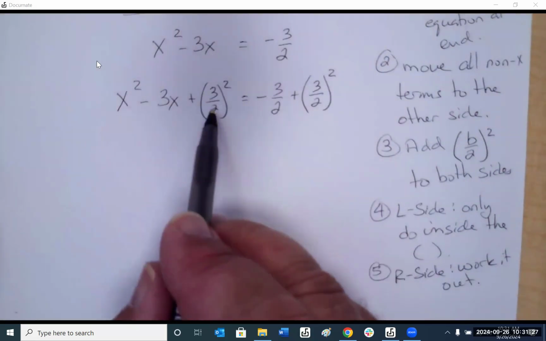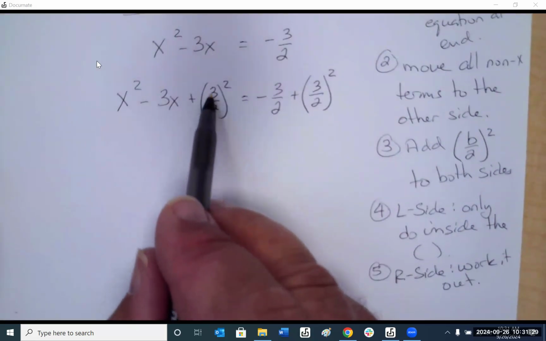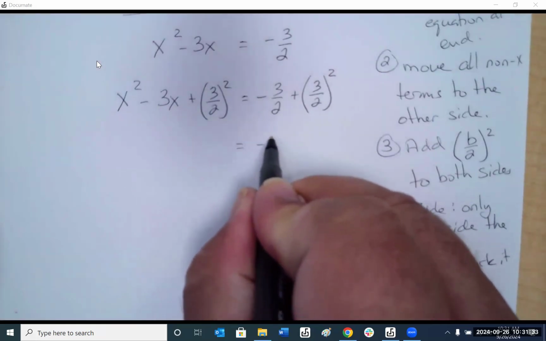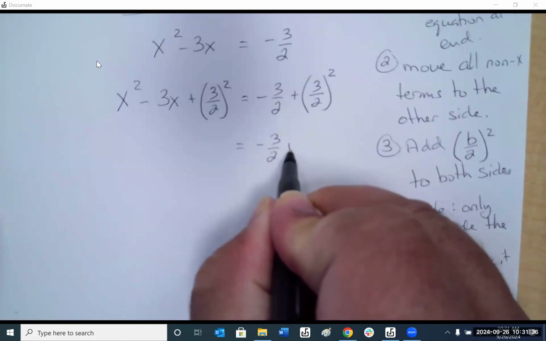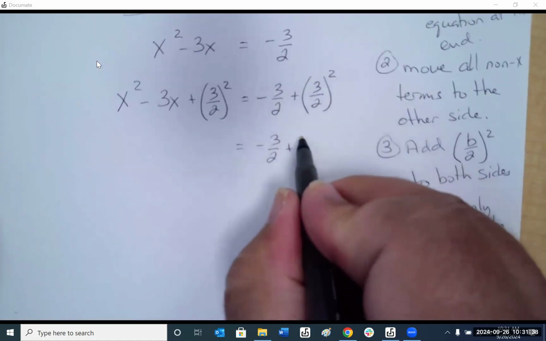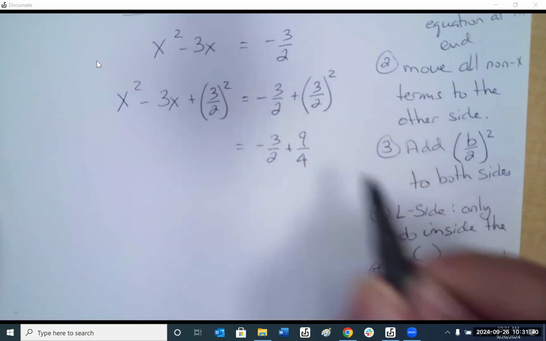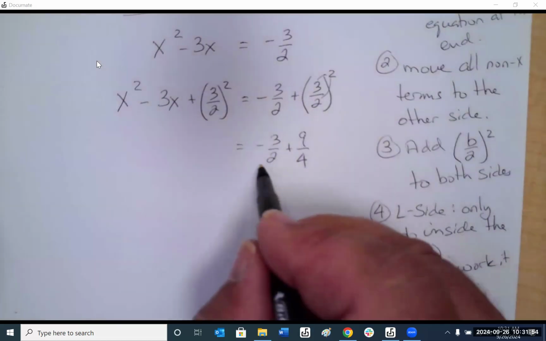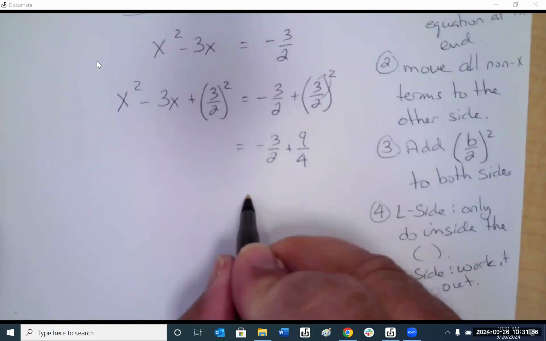Okay, we can't do anything inside the parentheses over here. Can't simplify further. But on the other side, 3/2 squared becomes 9/4. We distribute that square to both top and bottom. In order to combine those two on the right-hand side, I have to get a common denominator.